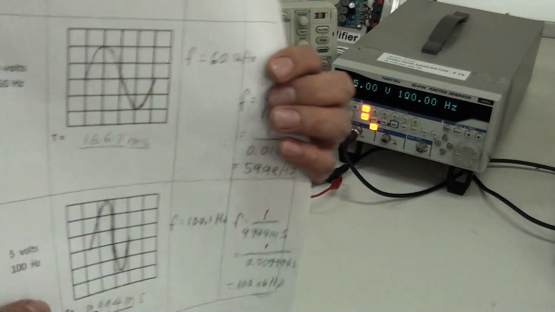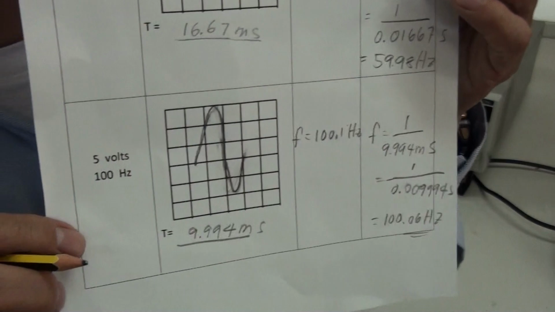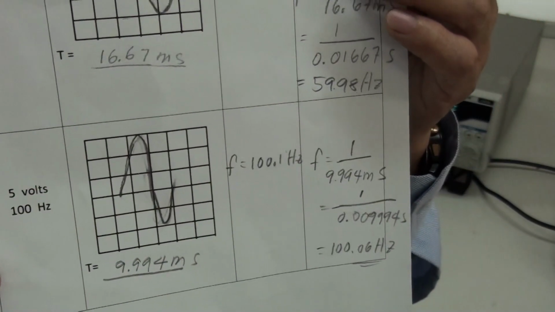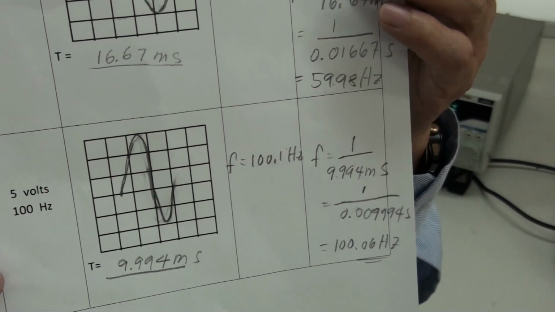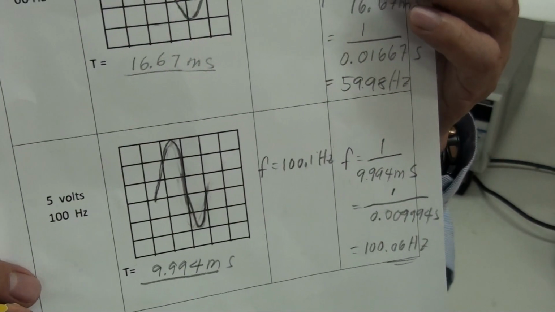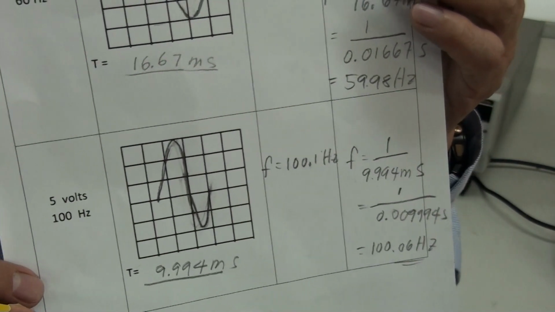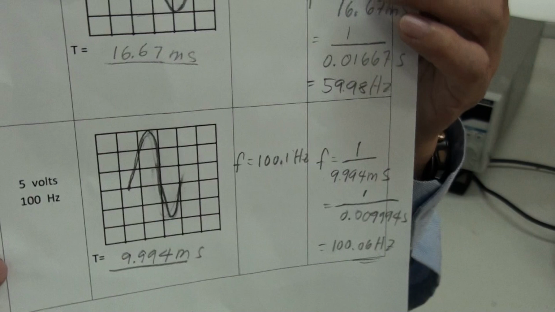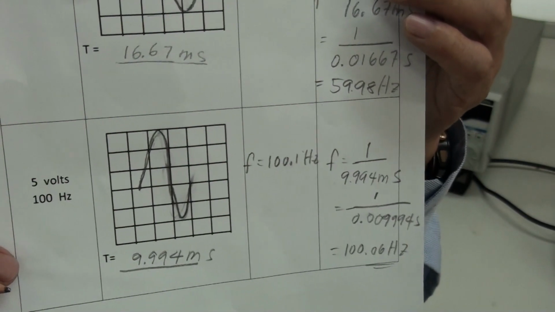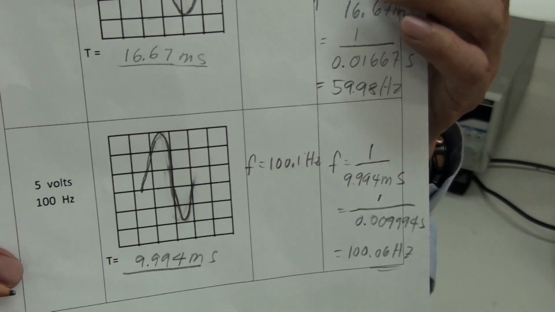So as you can see in our result, the computed and the measured values are the same. So we're able to prove that the theoretical and computed values are the same.